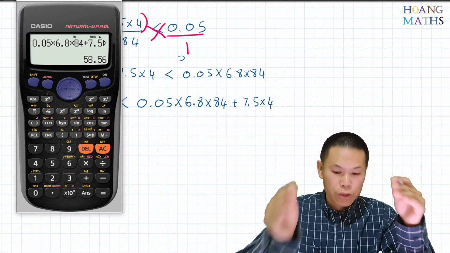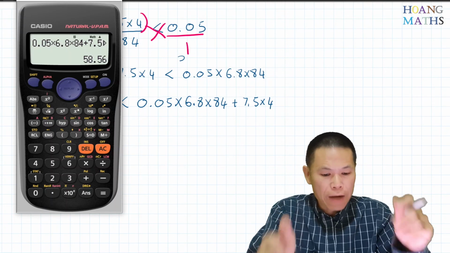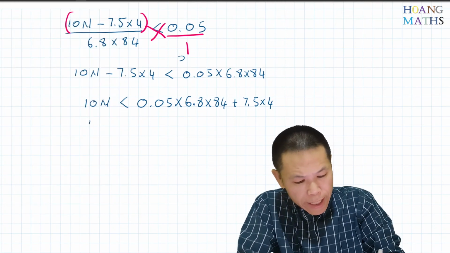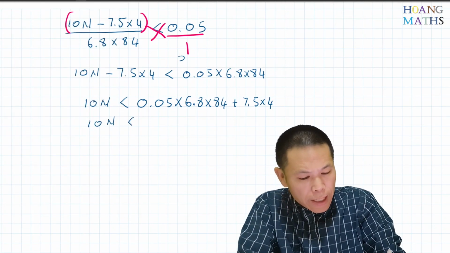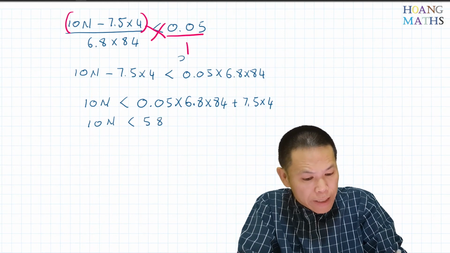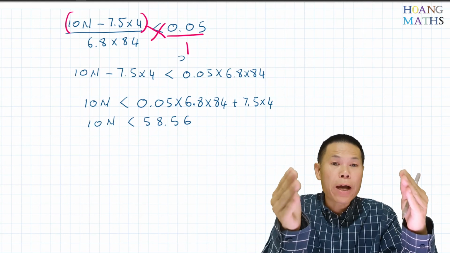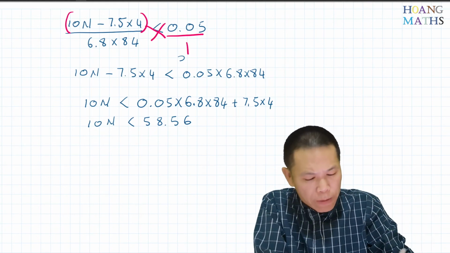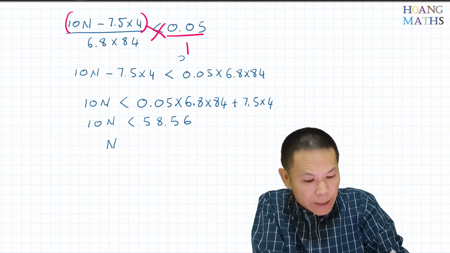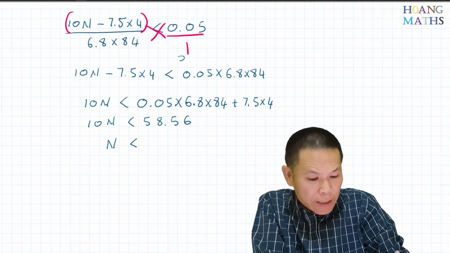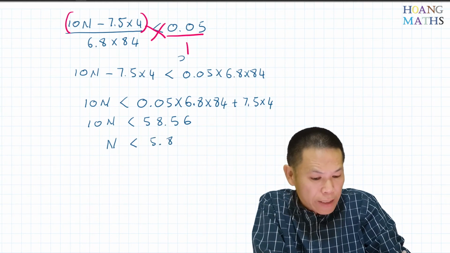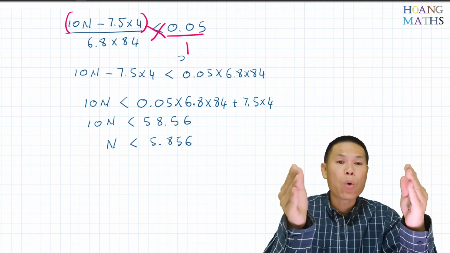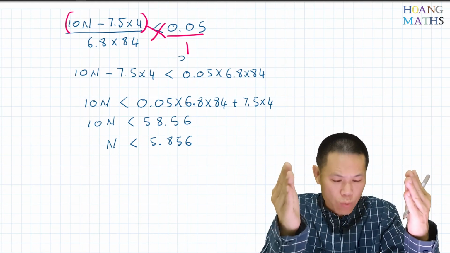There you go, 58.56. So I just write 10n is less than 58.56. Now I just divide by 10 on both sides. So therefore n is less than 5.856. Otherwise, just use your calculator to work it out.